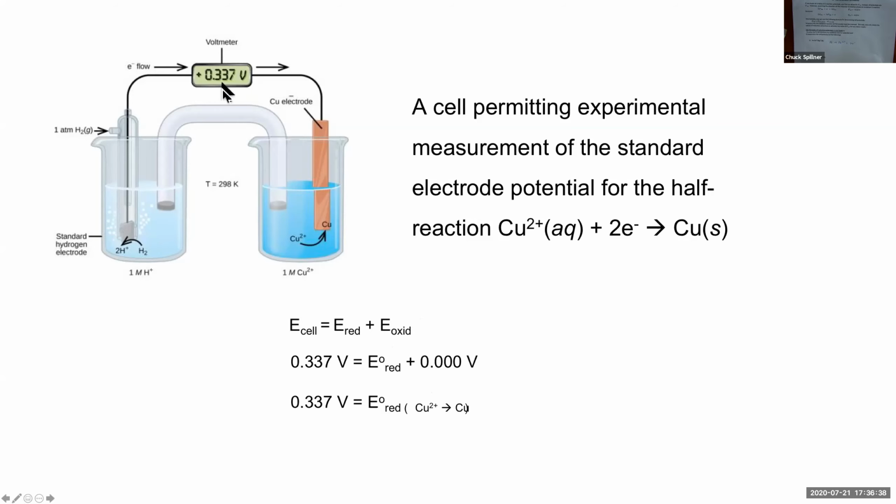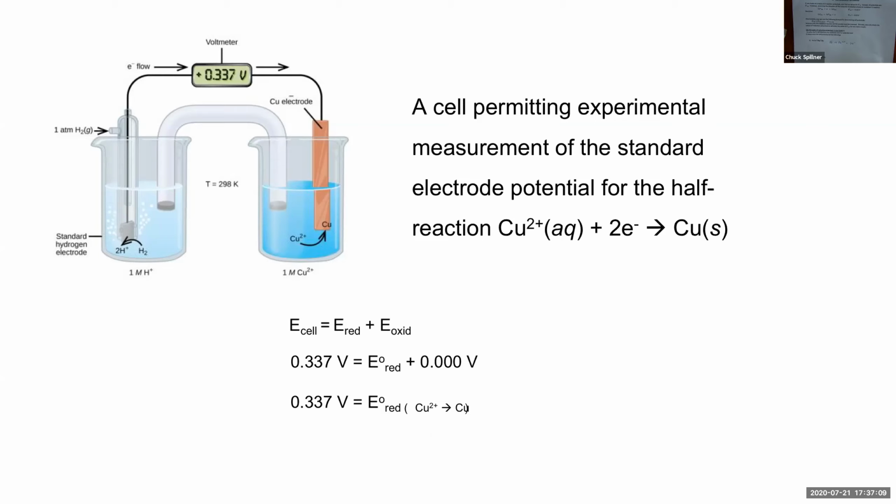You measure the potential, not the half cell potential, but the whole cell potential, and it's 0.337. So we have 0.337 equals the reduction potential plus 0. So the reduction potential, which is copper ion going to copper, is 0.337. So there we have it. That's the standard half cell reduction potential, because it's reduction for copper.